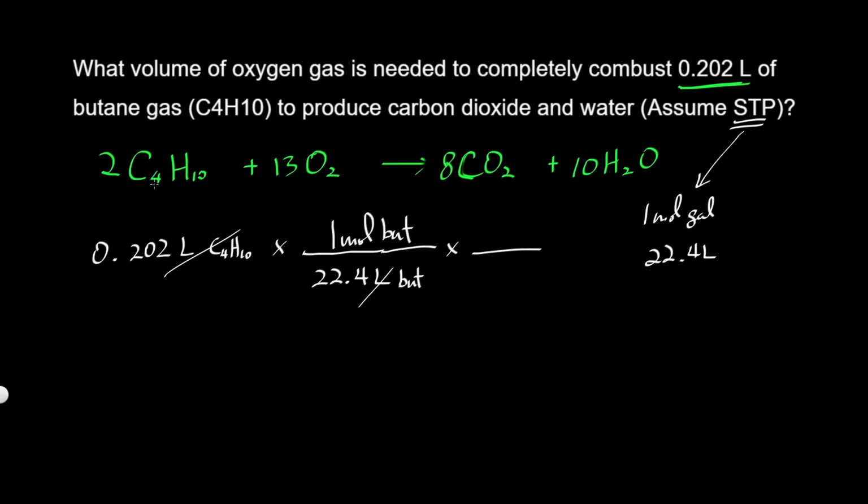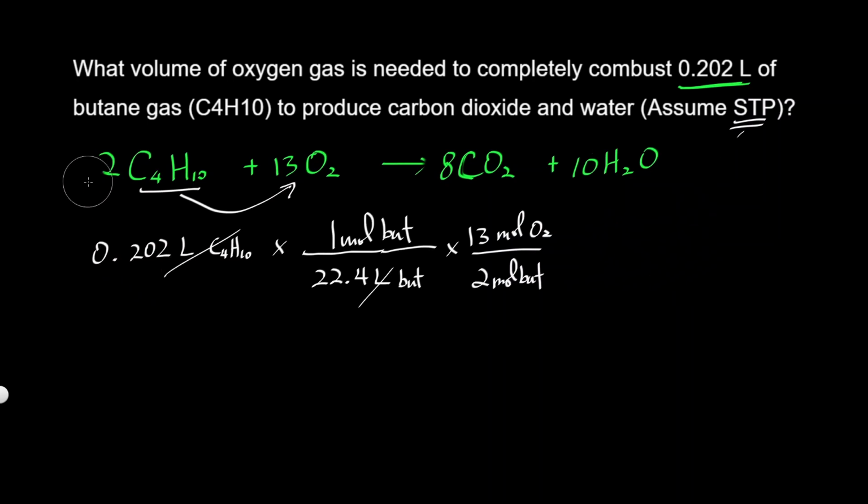Now we use stoichiometry. We're going from butane to oxygen, so that's 2 moles of butane and then 13 moles of oxygen. Actually, you don't need to put 22.4 here because it will cancel out eventually, but I'm showing all the work in detail.